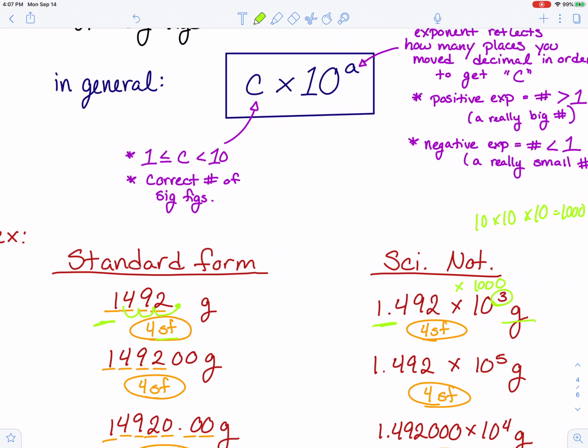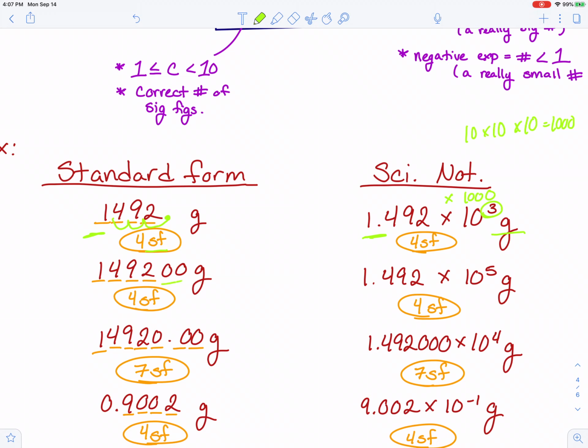So let's do it again. I've got another number, again only 4 sig figs because these are trailing zeros and there is no decimal, so these trailing zeros are not significant. So I'm only going to have 4 significant figures when I write it in scientific notation, so it's going to be that 1.492 again. But this time, when I moved my imaginary decimal, had there been a decimal, it would have moved 1, 2, 3, 4, 5 times.